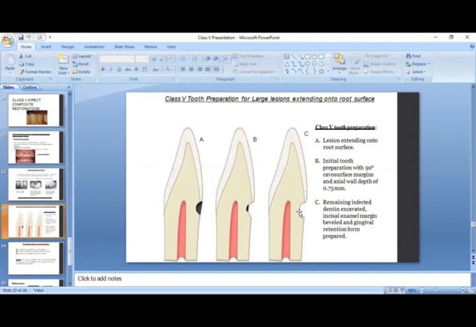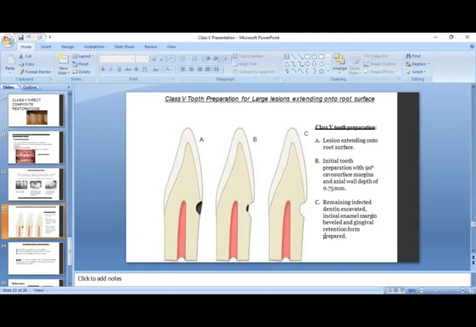Axial depth means the depth from here to here, after we remove the carious region. Remaining infected dentin is evacuated, with bevel and general retention form.